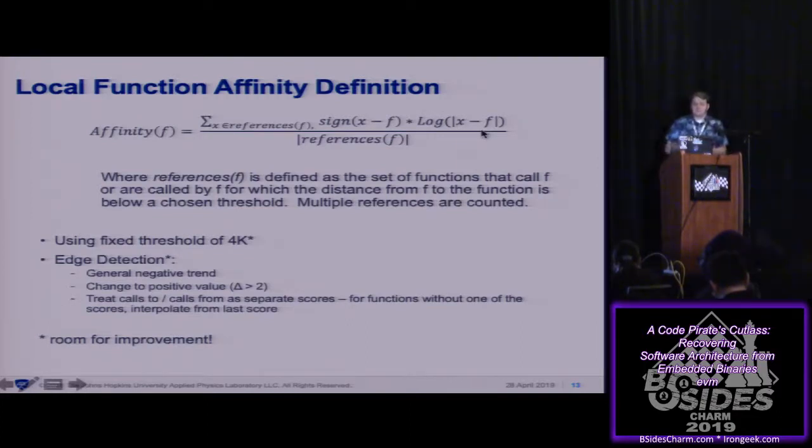If you're a physics person, you might think, if this was a force vector in physics, a lot of times you use an inverse square, so as you go further away from the object, the force is less. I went for a logarithm instead because I don't think it matters too much.